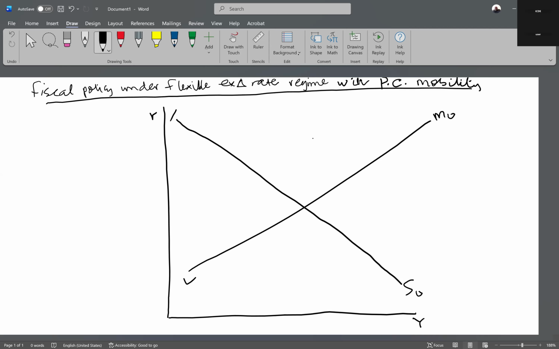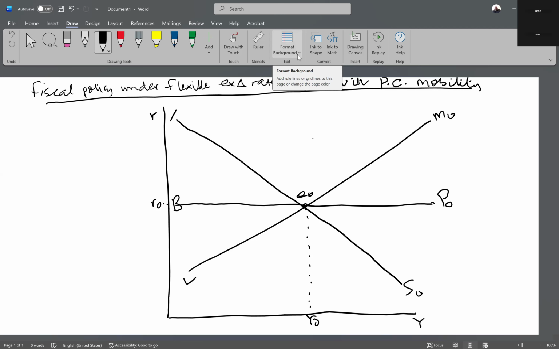Perfect capital mobility, so we have our BP curve, call it BP0. So there's a general equilibrium here, E0, where we have our Y0, and then we have our R0 here.